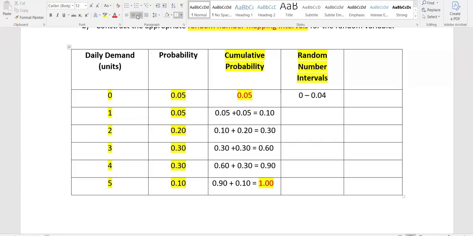You can spell out the word "to" if you want. 0 to 0.04, that is fine. Just want to make the distinction. But why is it 0.04 again, sir? 1 unit less than the cumulative probability you're in line with. The cumulative probability we're in line with is 0.05, so you go 1 unit less.